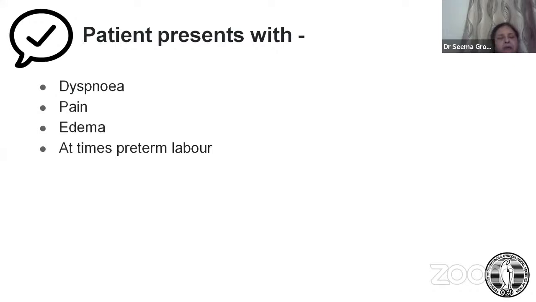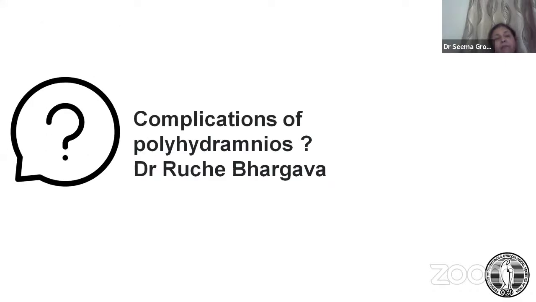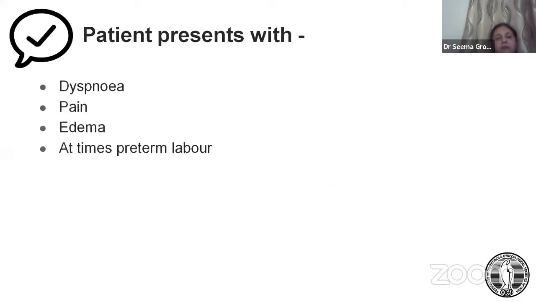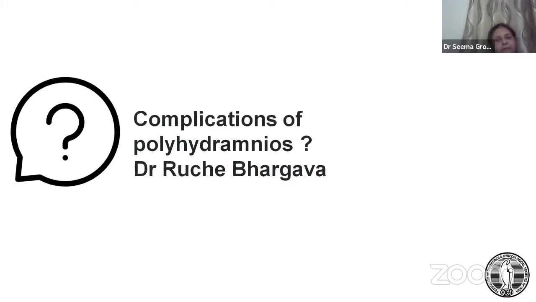And preterm labor is well known, PROM, and even the patient may present with cord prolapse. When we palpate the patient, fetal parts are difficult to palpate, the fetal heart is very difficult to hear, and you cannot make out the lie or the presenting part. So all these are the presentations of significant polyhydramnios.